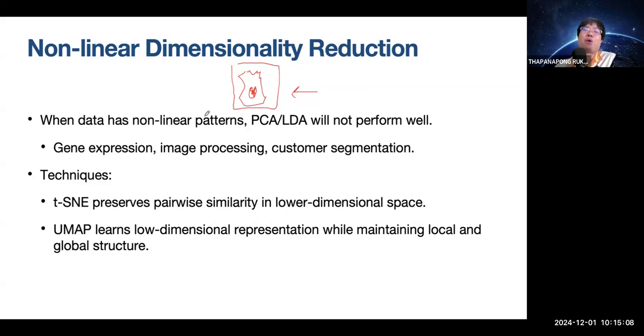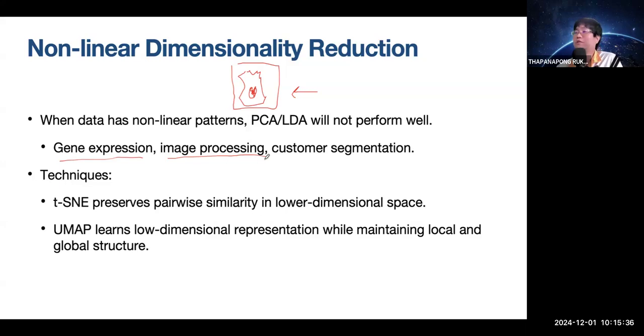An example would be gene expression. Gene expression is like protein folding, basically like your DNA, and DNA doesn't actually have a linear pattern because of the 3D structure. For some image processing techniques, you cannot use PCA.